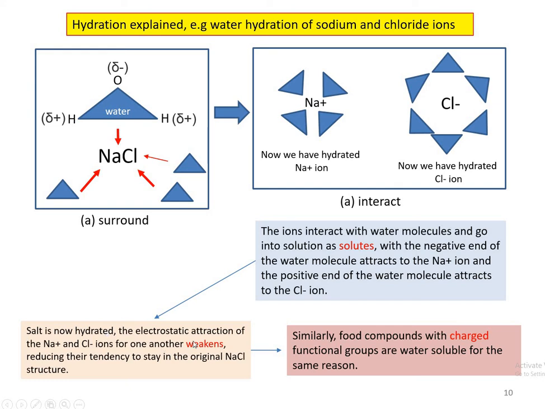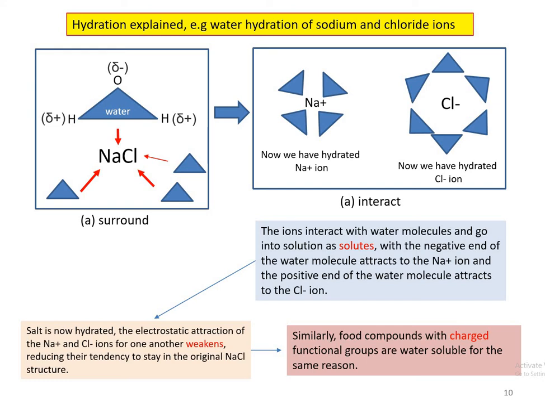The electrostatic attraction of the sodium ions and chloride ions for one another, the water already controls. The attraction between sodium and chloride is now weakened. This reduces their tendency to stay in the original sodium chloride structure. So it is hydrated.